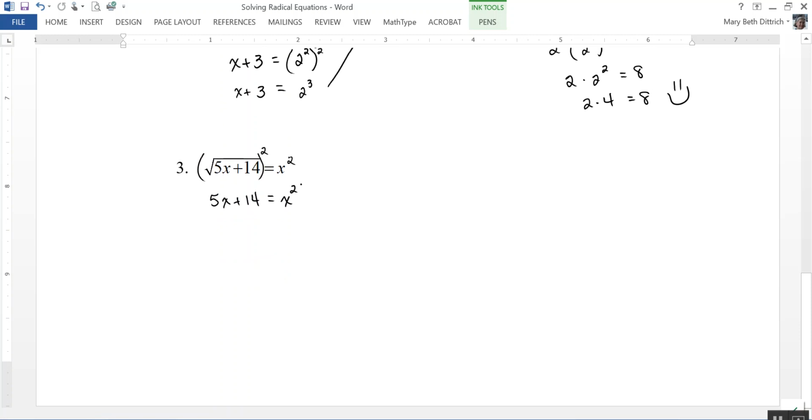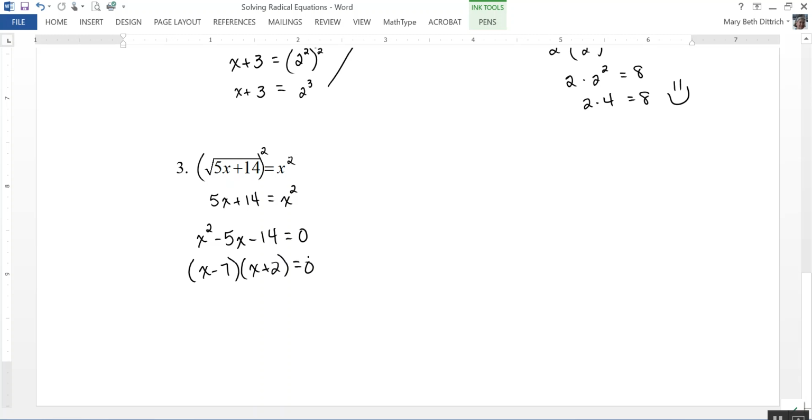If I'm noticing that this is a quadratic equation because it has an x squared, I like to keep my x squared positive. So I'm going to write this as x squared, subtract 5x from both sides, subtract 14 from both sides, set it equal to 0. Factor this to x minus 7 times x plus 2.